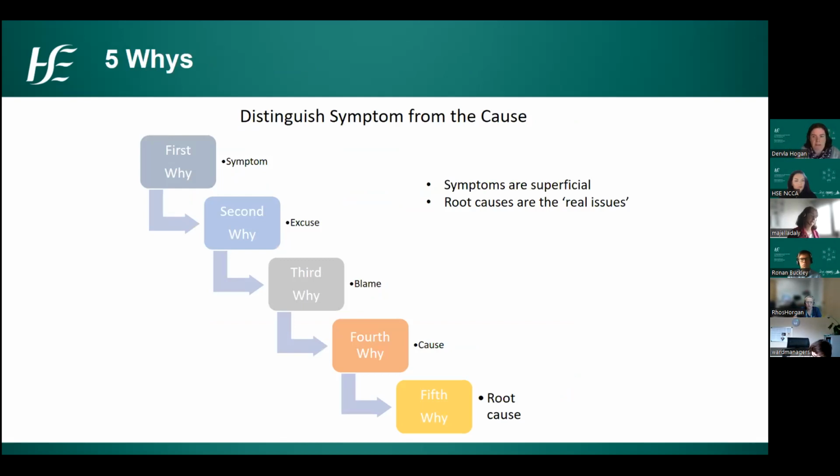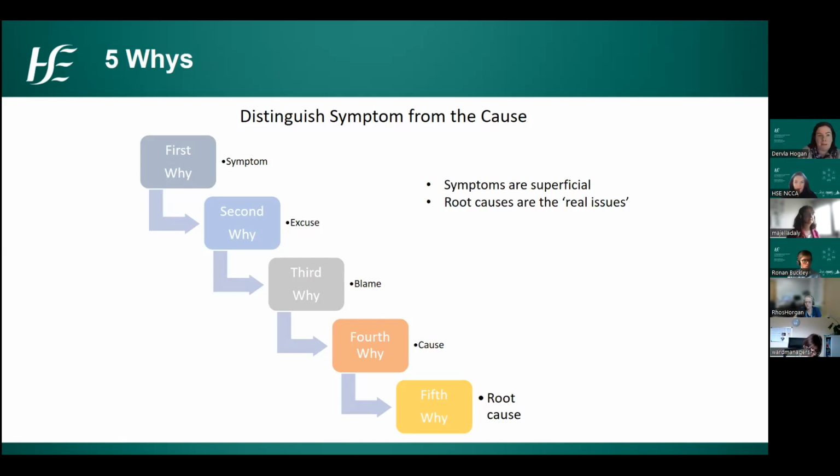There is another methodology, which is the 5 whys. So that really allows you to distinguish the symptom from the cause. So it allows you to ask a number of questions. Now, the number 5 is there because it is felt that you have to get a certain point along the way before you're going to get to that root cause.